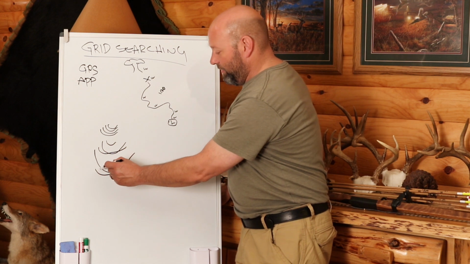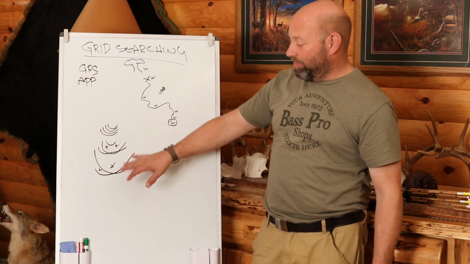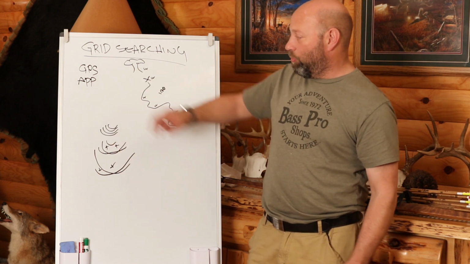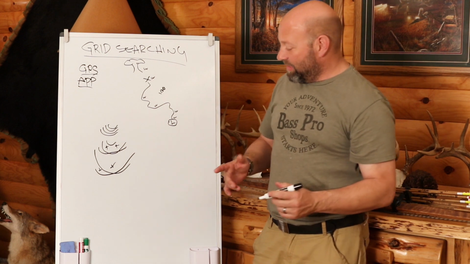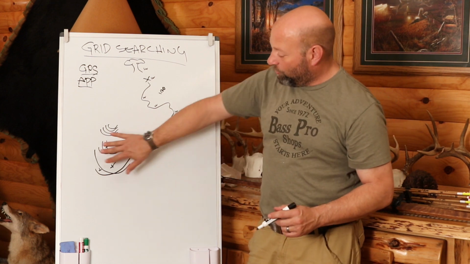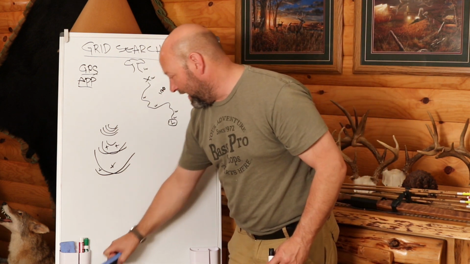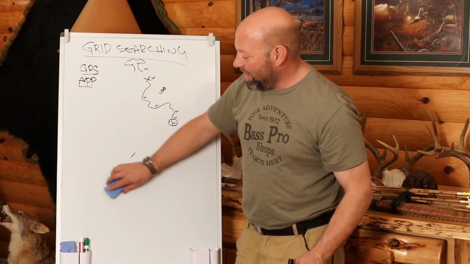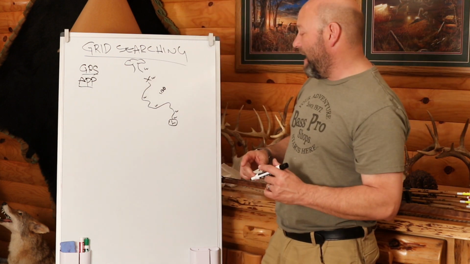Deer can be here, deer can be here, deer can be there. You see what the problem is with why it's so important to have that GPS or that app, because it shows you exactly if yours look like this or look like this. You need that feature on there. Okay, it's vitally important. I cannot emphasize that enough. You need a GPS or you need OnX or some kind of a mapping system.